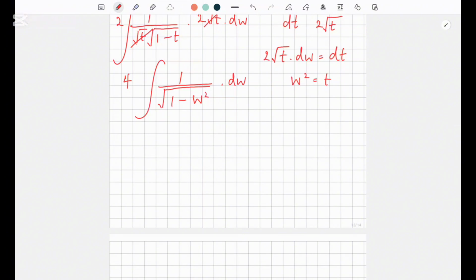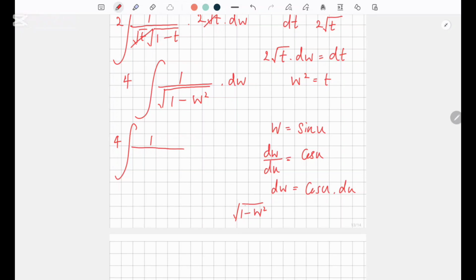Don't worry. Now you take a trigonometric substitution, you'll see why. We take w equals sine u. So dw over du equals cos u, so dw is cos u du. So we have 4 into the integration of 1 over root 1 minus w squared.